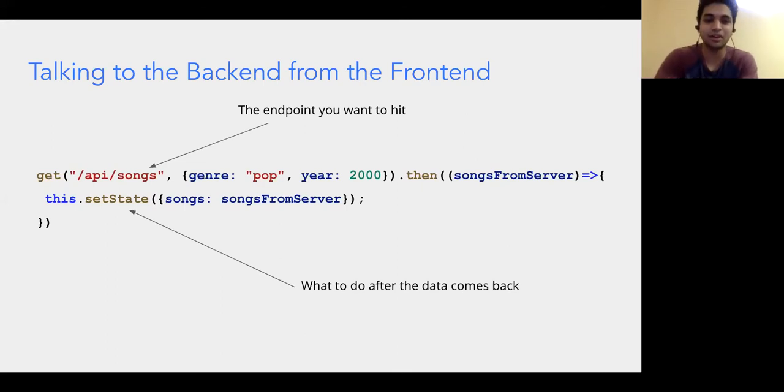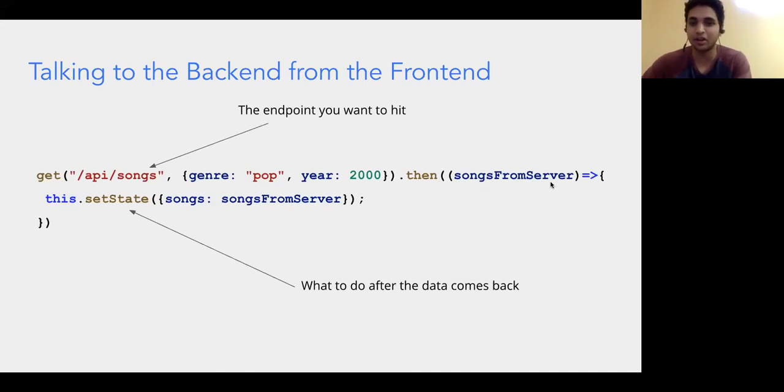So this is an example of a get request. You have your endpoint right here. I don't know if you can see my mouse, but this thingy right here. And then you've got your parameters, the things you pass in to the get request. And then this whole chunk right here goes and talks to the server and comes back with a response.